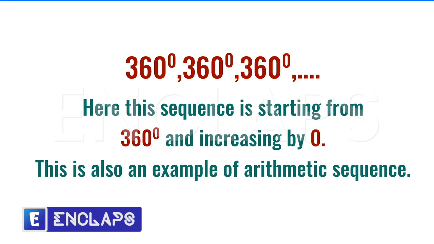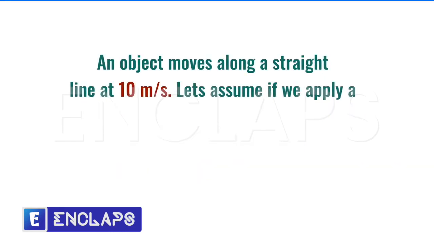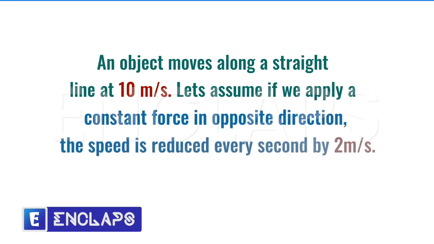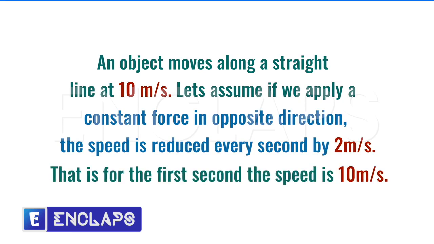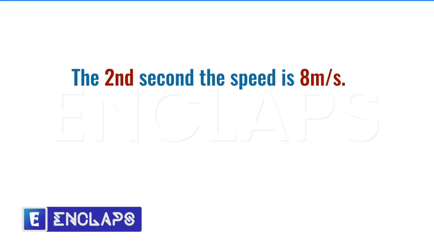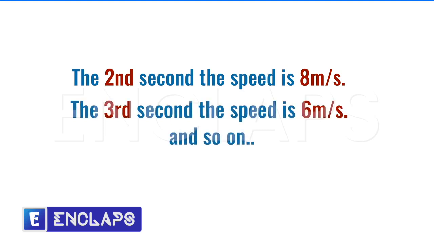Let us consider another example. If an object is moving along a straight line at 10 meters per second, let us assume we apply a constant force in the opposite direction, so that the speed is reduced every second by 2 meters per second. For the first second the speed will be 10 meters per second, for the second second 8 meters per second, and for the third second 6 meters per second, and so on.